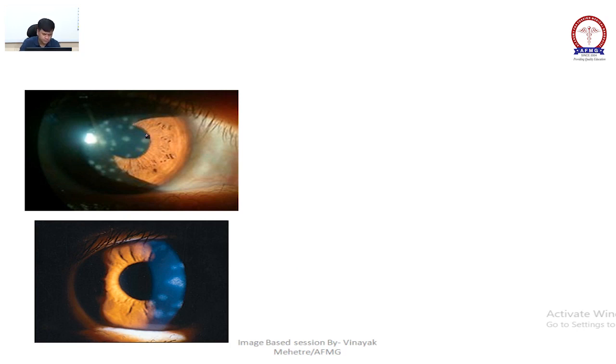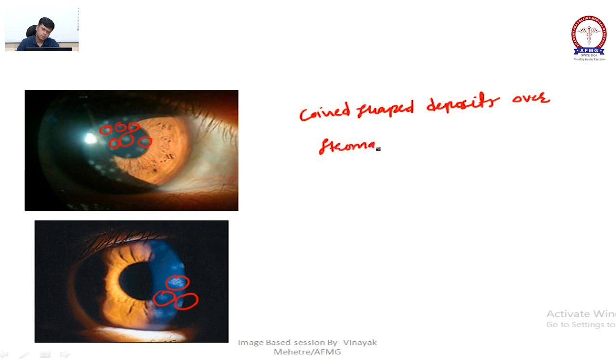Now we will go. Here you can see coin-shaped deposits over stroma.